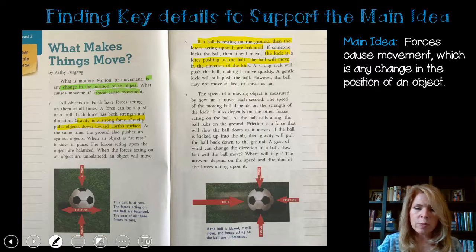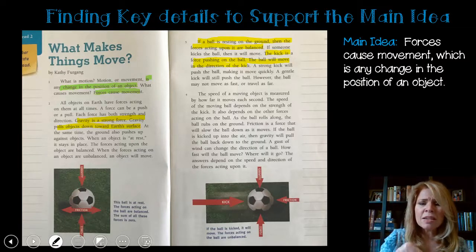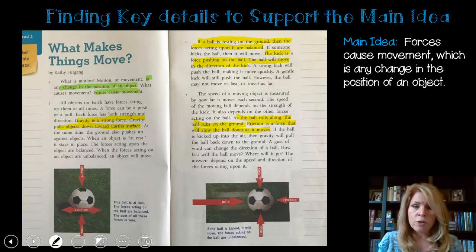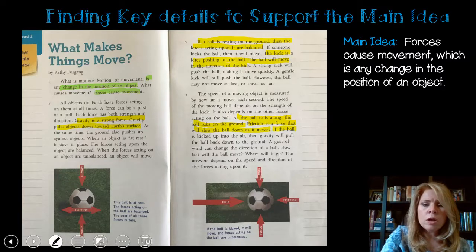So we learned in this paragraph that friction is a force that will slow the ball down as it moves. So as a ball moves along the ground, the ball rubs on the ground, causing friction, which slows it down. Also, if the ball should be kicked up into the air, the gravity will pull it back down to the ground.